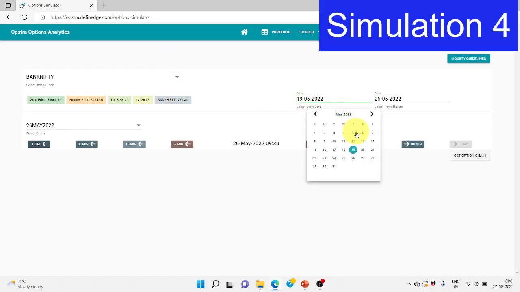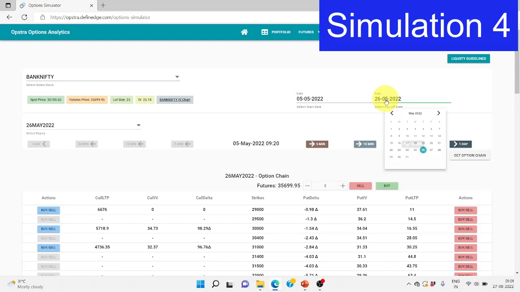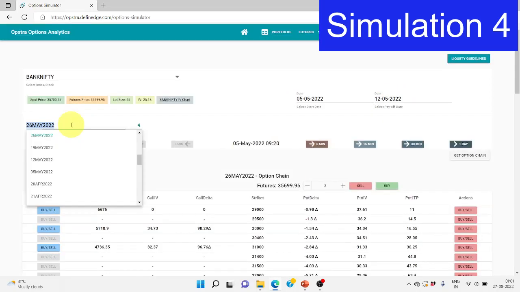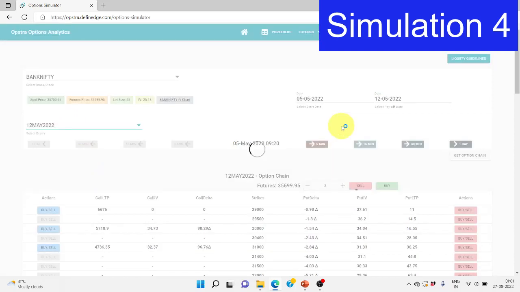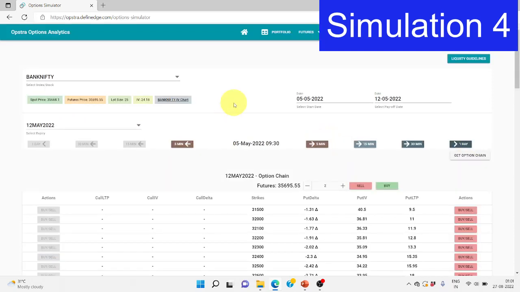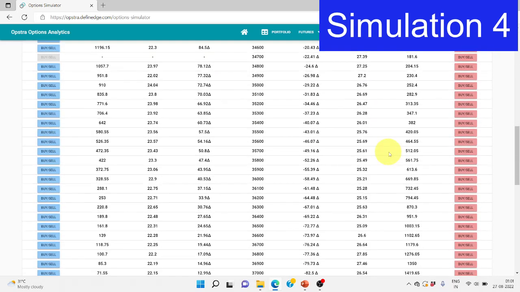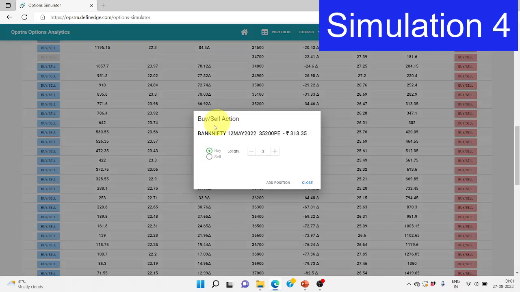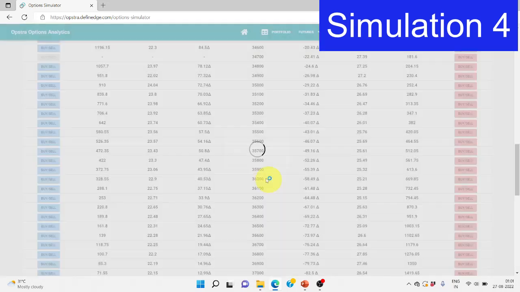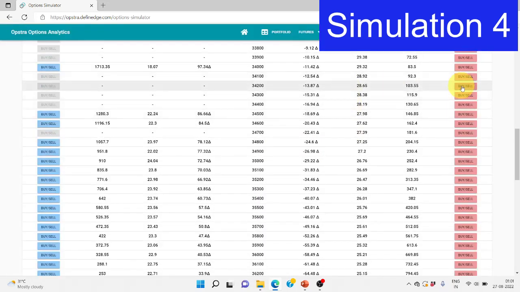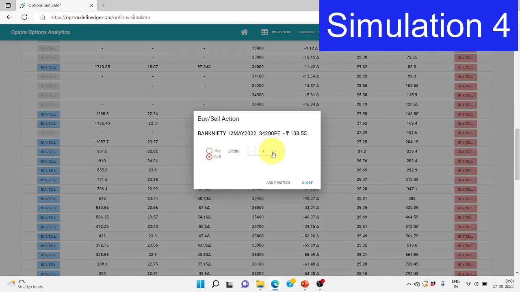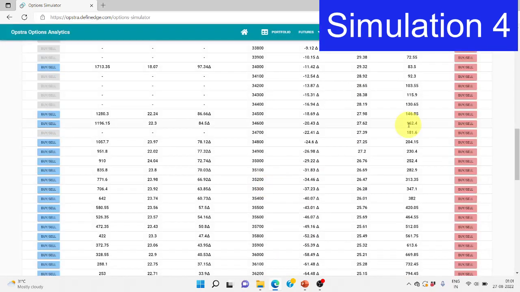The final is 12th of May. So 5th of May we would have entered. So 35,700. So at 35,200 we will buy one lot. At 34,200 we're going to sell 3 lots.